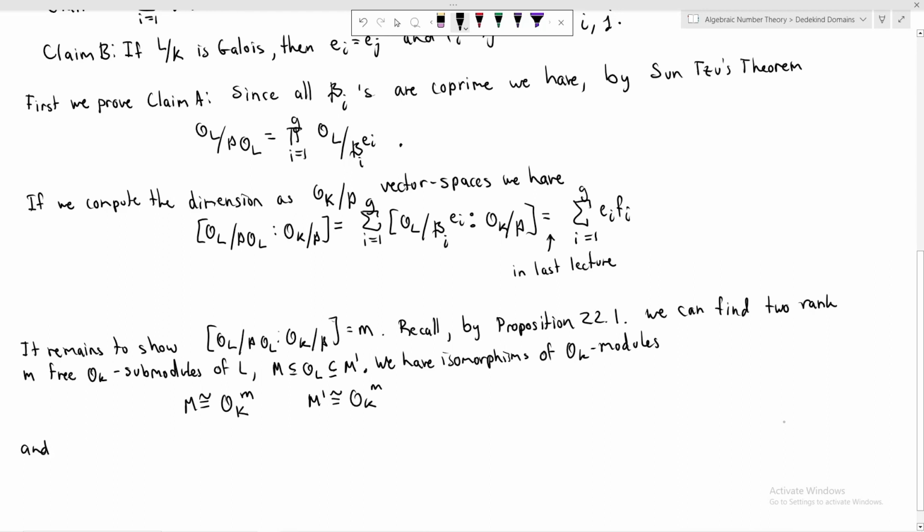And you can quickly check that if you look at the map from O_K to the m to O_K mod P to the m, this is just a natural projection in each factor.